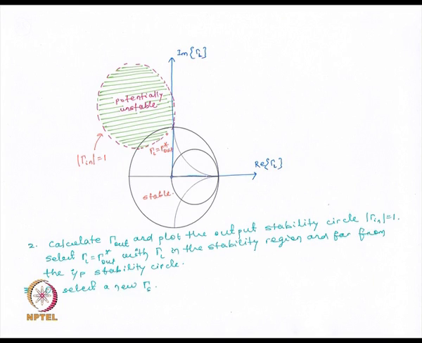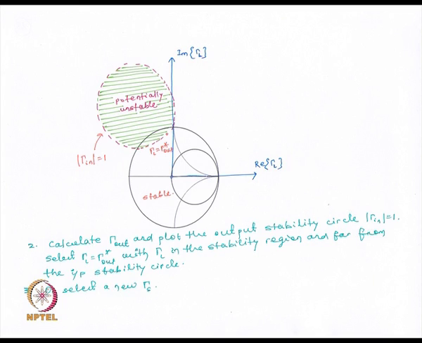Now one important factor that you have to take into account when you do this is that you have to draw the input stability circles as well, because as I said, you have to choose gamma S equal to gamma in conjugate, but then this gamma S itself should lie in the stable region of the input stability circle.